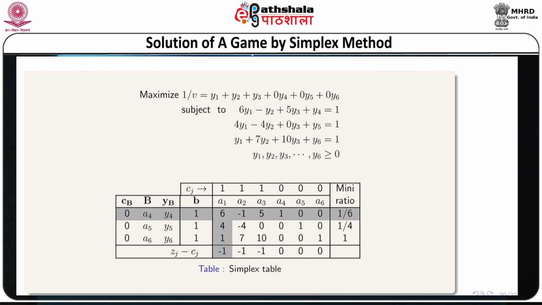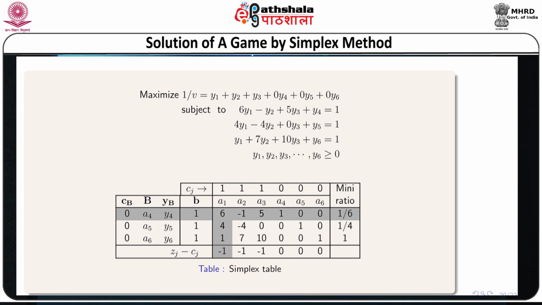We also get the first iteration in the simplex table, where A4, A5, A6 are the basic vectors, and corresponding y4, y5 and y6 are the basic variables. From the values of zj minus cj, we see that the optimality condition is not satisfied, since some values of zj minus cj are negative.